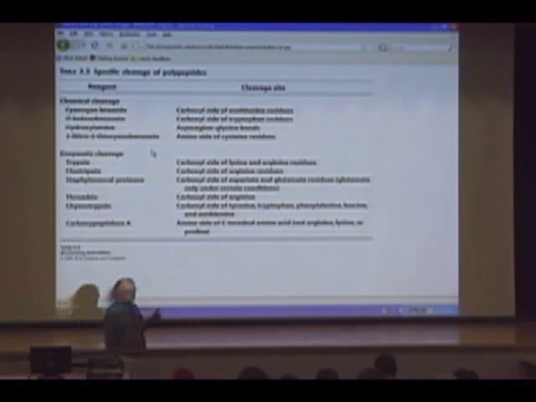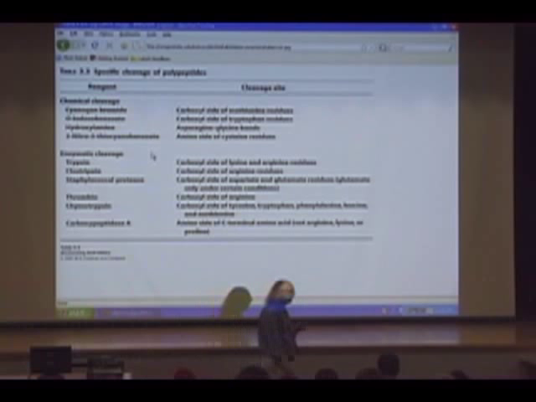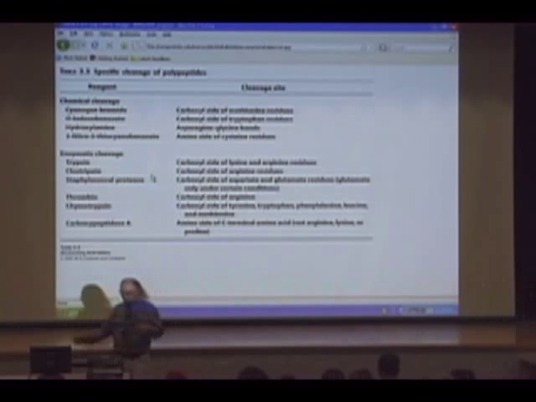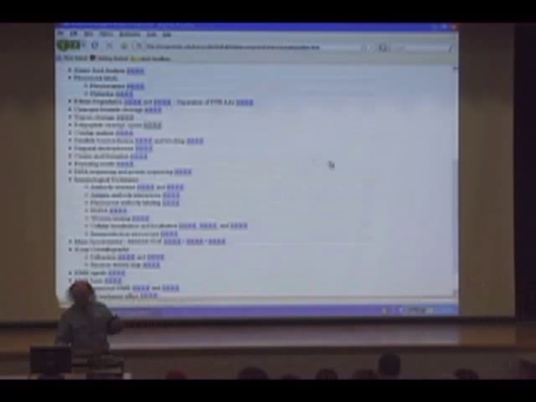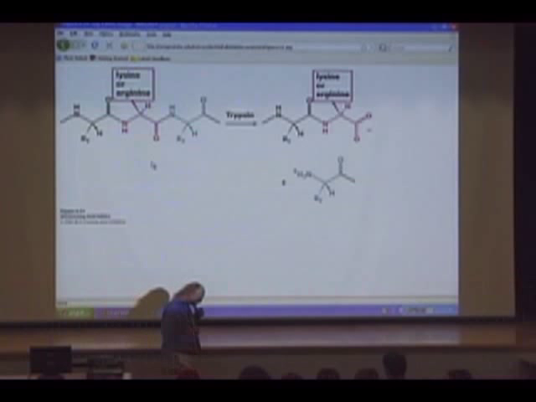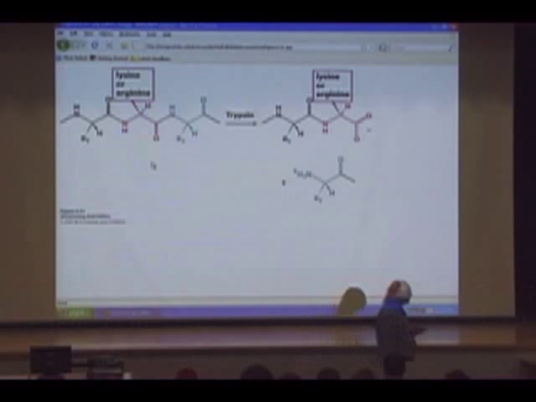And the last one is carboxypeptidase A. And I'm going to make carboxypeptidase A easy for you. We're going to assume that it doesn't have specificity. It only cuts at the very terminus. If I were to show you a polypeptide chain looking something like this, the way that carboxypeptidase A works is it's the only one that does not have specificity.